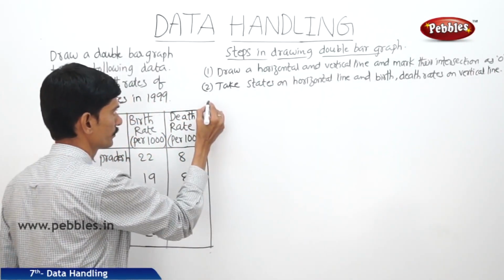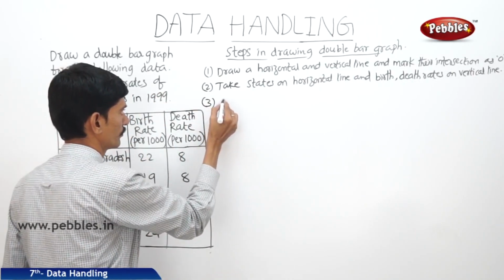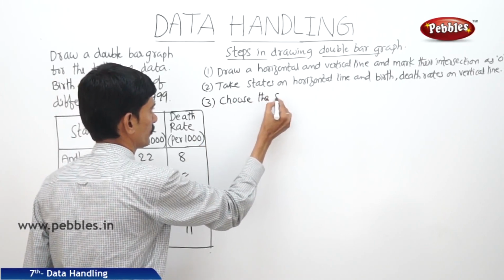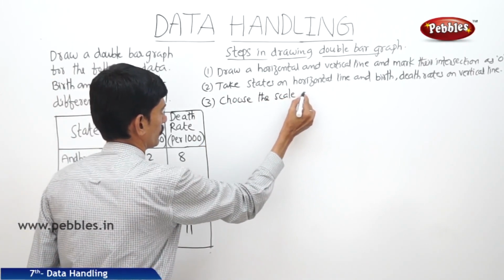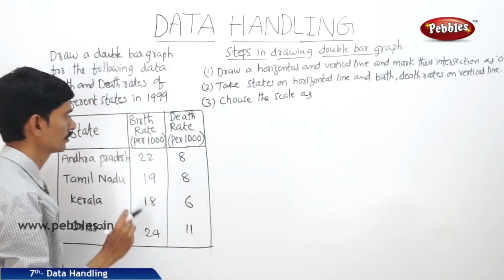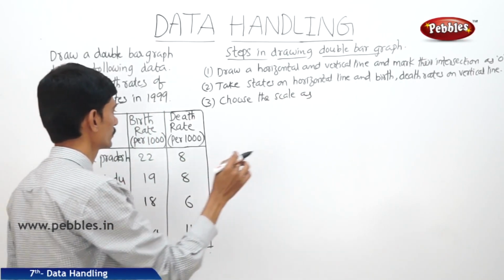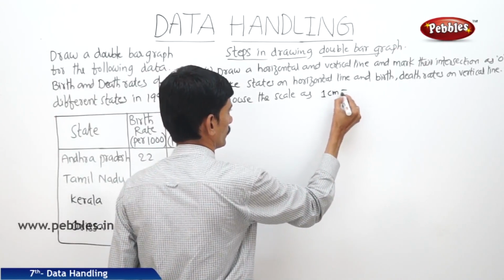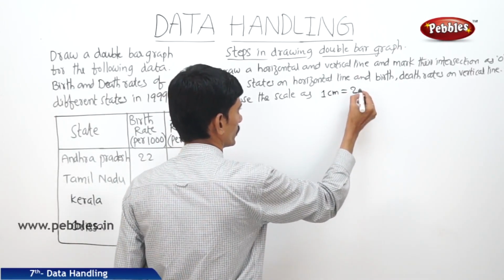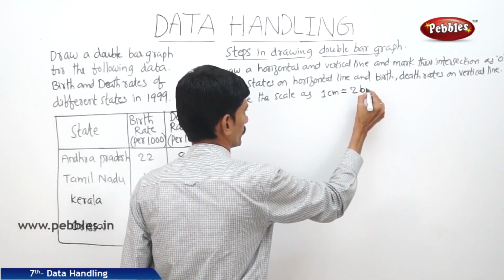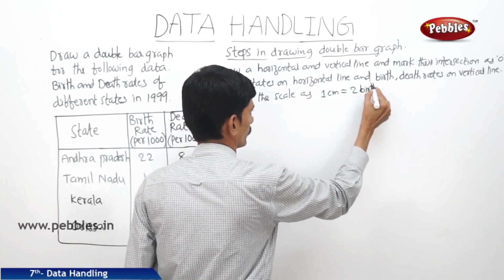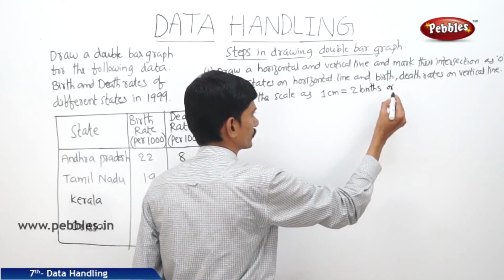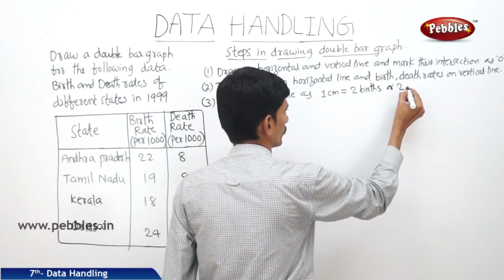Now the third step, choose the scale as 1 centimeter equals 2 births or 2 deaths.